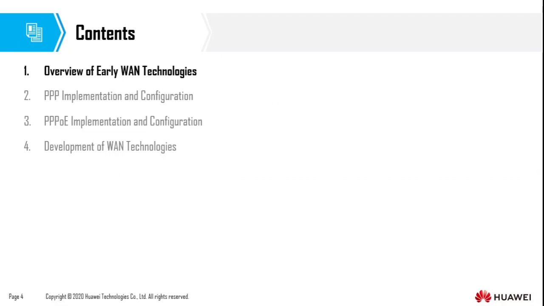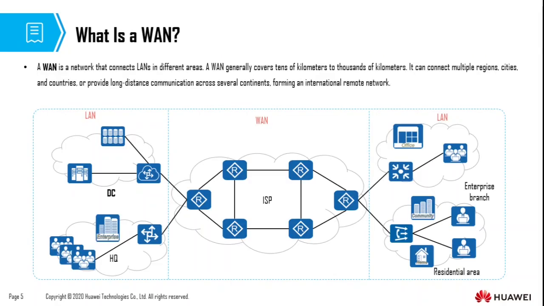Okay, so let's begin by looking at an overview of early WAN technologies. So what is a WAN really? Now, we know that by definition, a local area network is a network that covers a small geographical area, while on the other hand, a WAN is a network that covers a long distance.